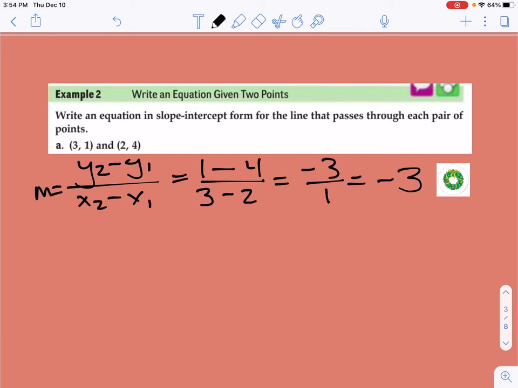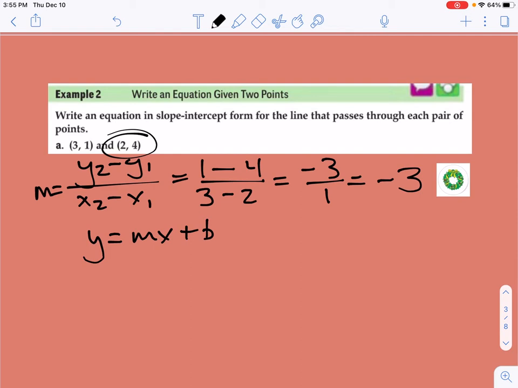We're finding slope. Now, once I have my slope, I'm actually in pretty good shape, and I can take that now and I can use it in this general equation along with one of these points to find out what b is. So let's pick this second point. Let's use that second point because it looks friendly.